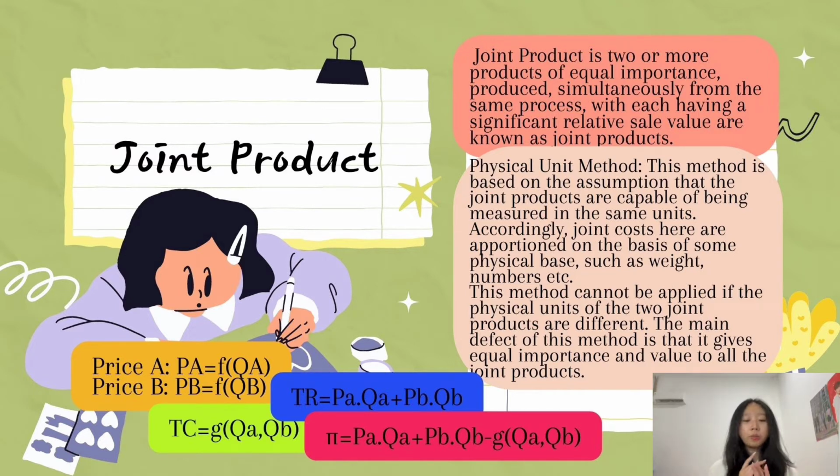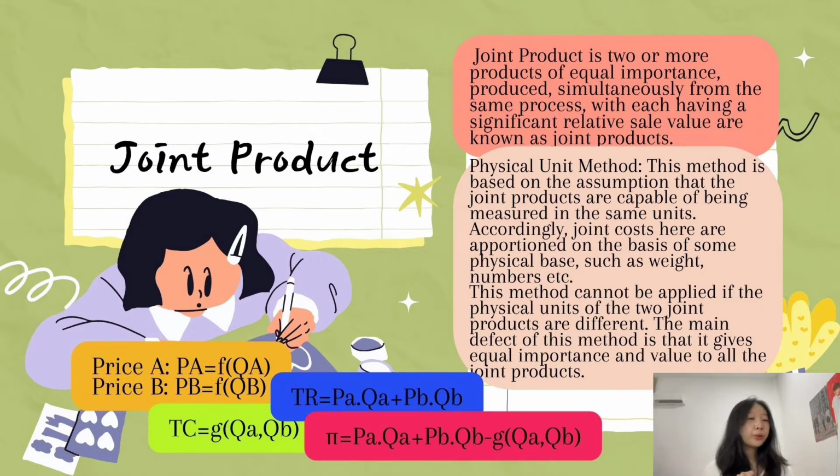This method cannot be applied if the physical units of the two products are different. The main defect of this method is that it gives equal importance and value to all joint products.